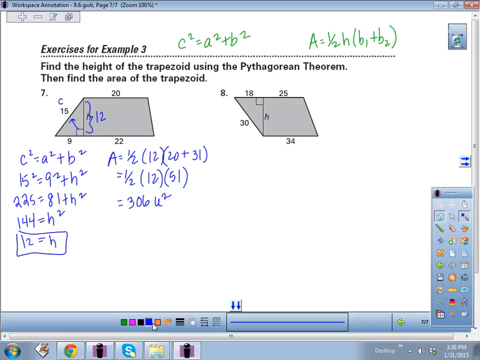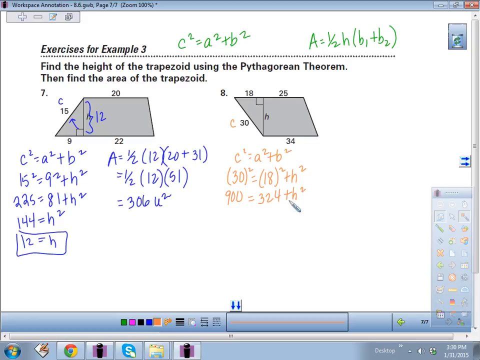Number 8, calculate the height. The C is 30 in this case, so C squared equals A squared plus B squared. C is 30. A could be my 18. And the missing height, we get 900. 18 squared is 324.